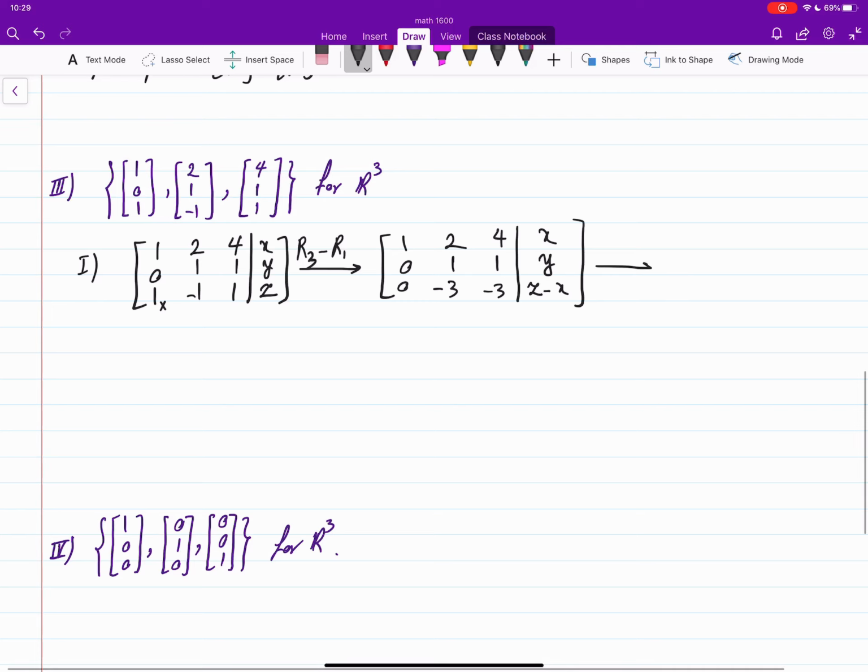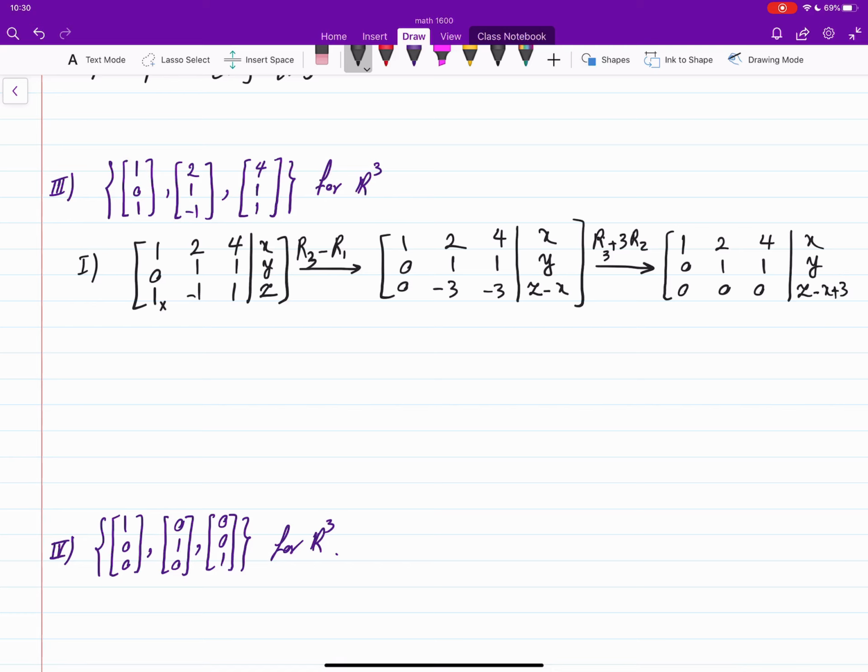From here, 3 times row 2 added to row 3 will give us 1, 2, 4, x, 0, 1, 1, y, and 0, 0, 0, z minus x plus 3y.